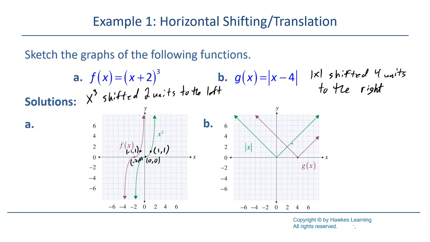So, like, let's see. Here's the point 1, 1. And then I'm adding it, I'm moving it over 4. So there's the point 5, 1. So when you do the translation, you can just take points from the original and then do the actual translation for the graph.